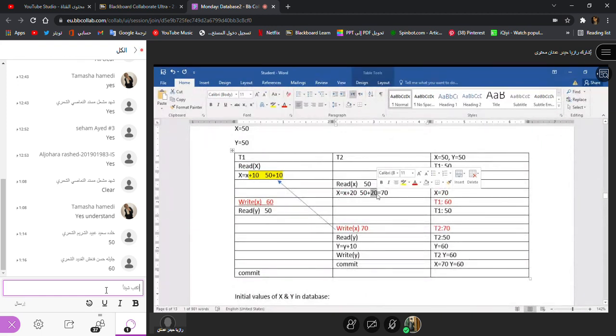So 50 plus 30 is 80, not 70. But in the database the value went as 70, which is a lost update. So which update did we lose? Not this 20, but this 10 we lost. Got it? So this is our lost update. Any questions?